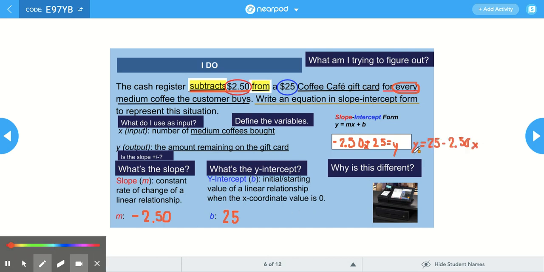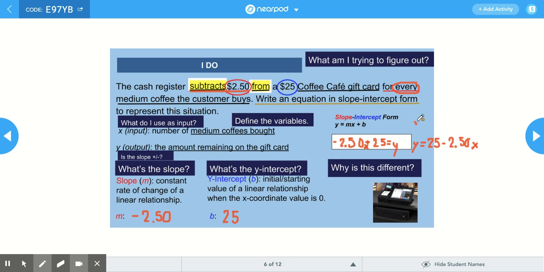Another way to write this equation is y is equal to 25 minus $2.50x. As you can see, I just switched around the slope and the y-intercept so that the y-intercept was first. We have a positive 25. And then instead of writing plus negative $2.50x, I just wrote minus $2.50x.